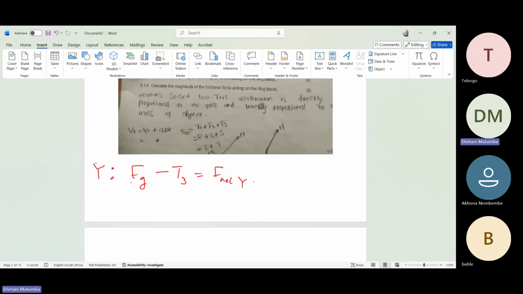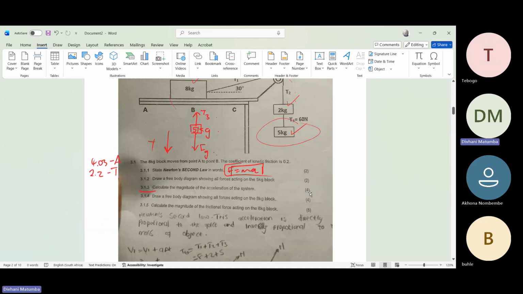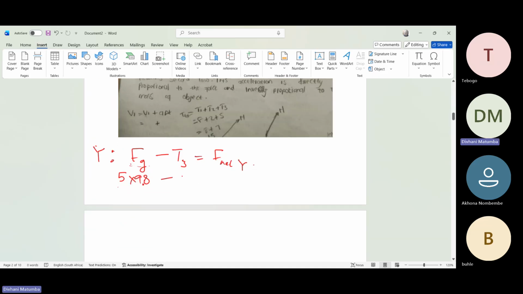Our Fg will be how much? It's 5 times 9,8, minus T3, which is 60, equals the net force in the y direction.